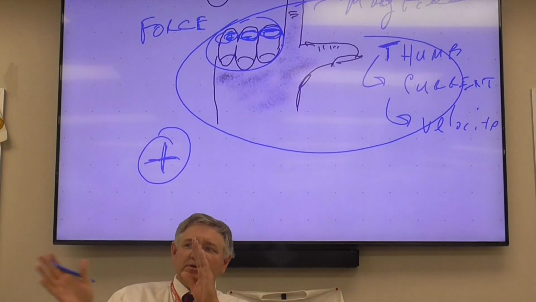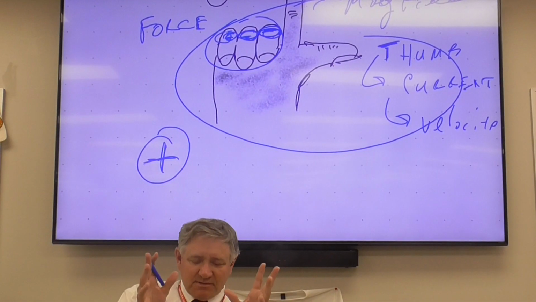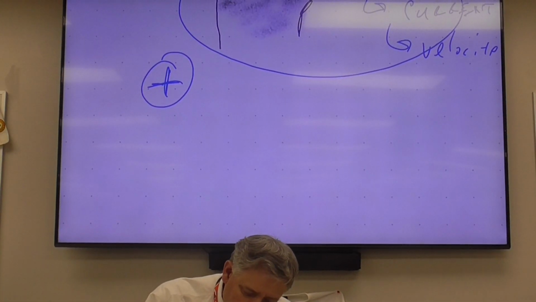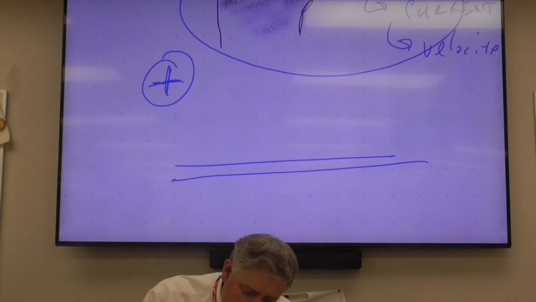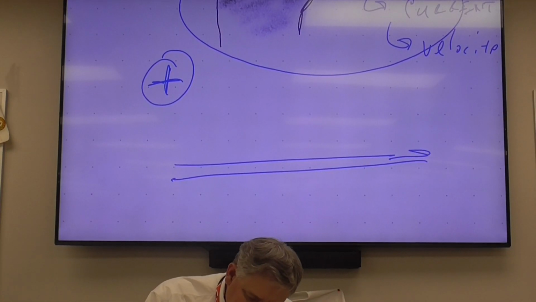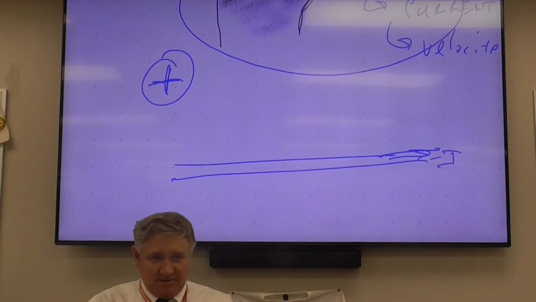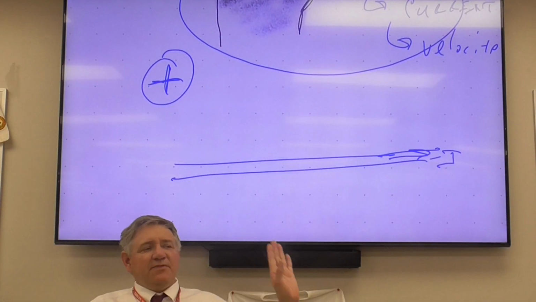So, what we're gonna do is we're gonna combine these rules. Stay with me here. We're gonna have a wire with a current moving in this direction. So that's the direction of the current. Okay, don't worry about anything else.